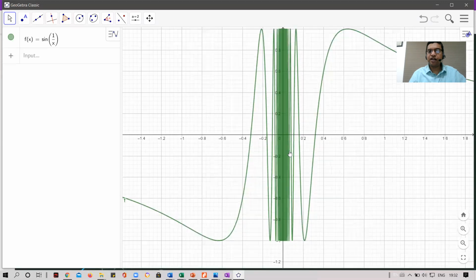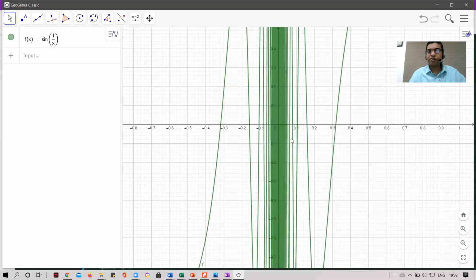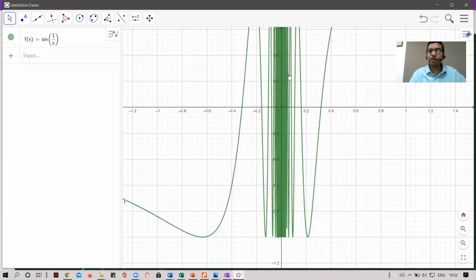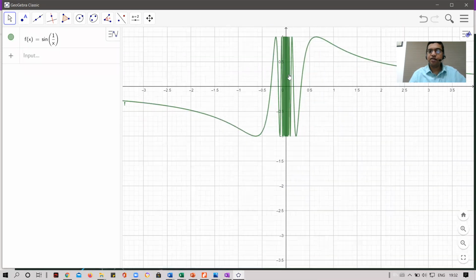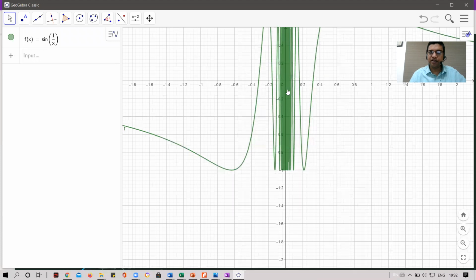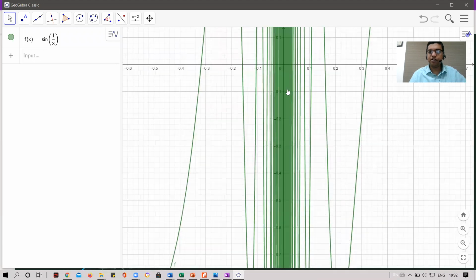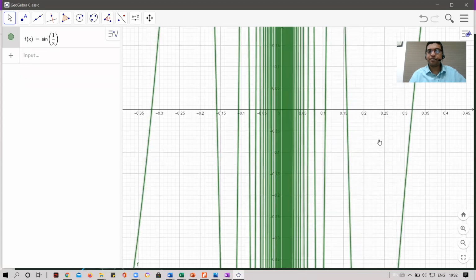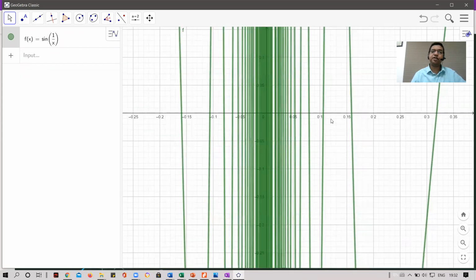So you can see as x approaches 0, the function sine 1 by x oscillates between -1 and 1. You keep going closer and closer, and it will keep oscillating. This is the oscillatory discontinuity. So now we will understand the concept of limit.